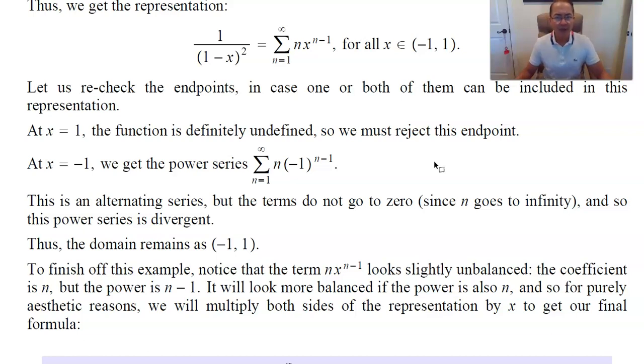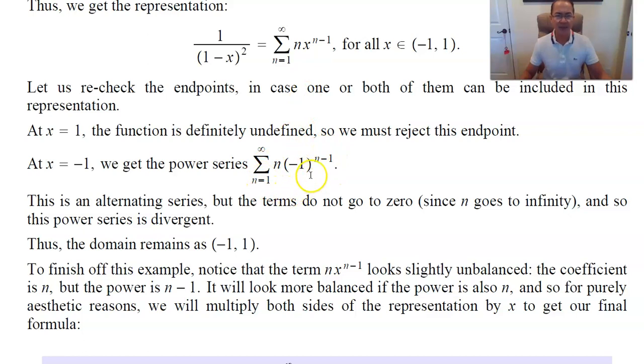So what happens? Well, when x equals 1, sorry, you're dividing by 0, so we still reject x equals 1 like we did before. How about -1? Now you're okay, you'll get 2 squared in the denominator, but the numerator is n times (-1) to the n minus 1.